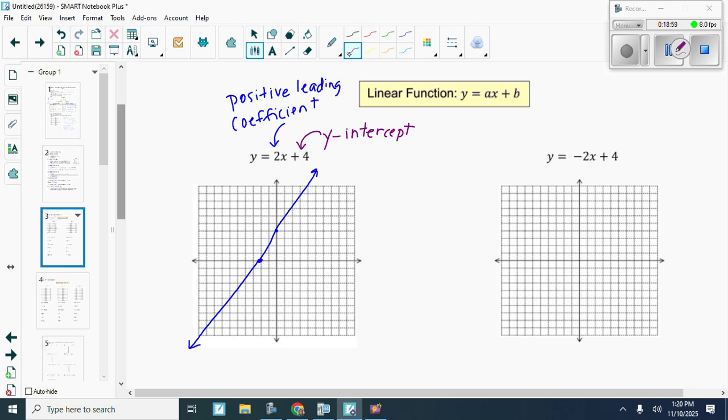So if you went 2 up, 1 over, 2 up, 1 over, you could plot this, right? Okay, so you could actually plot your dots just using the equation, and not even having to look at it on your graphing calculator.